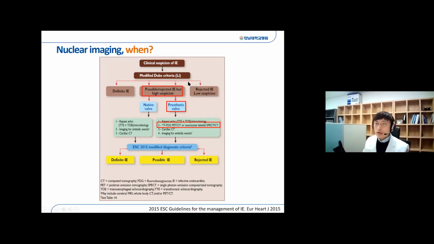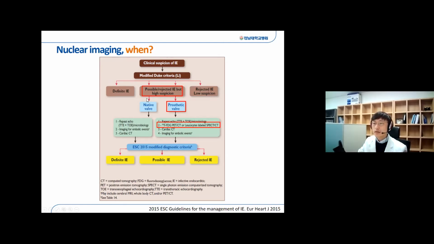So when can we use nuclear imaging in the diagnosis of IE? Here, we first apply the modified Duke criteria as we have done so far. And if we have a definite IE diagnosis, or rejected IE without low clinical suspicion, there is no need to proceed to further testing.